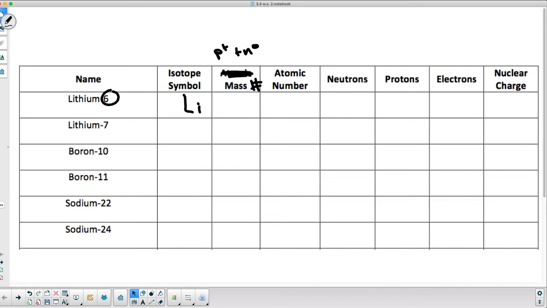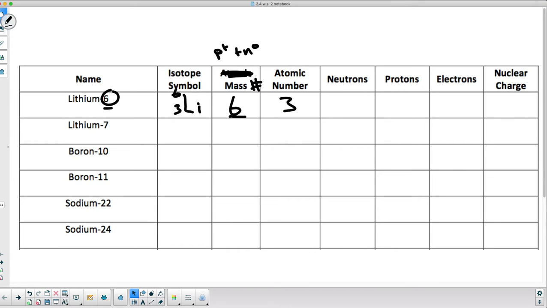That would be Li, has 3 protons, and in this case has a 6 for a mass number. So the mass number goes on top, the atomic number goes on the bottom, which you can find on any periodic table. I didn't just make that 3 up. So we can go with 6 here, so whatever number is here goes here. And then atomic number is on the periodic table.